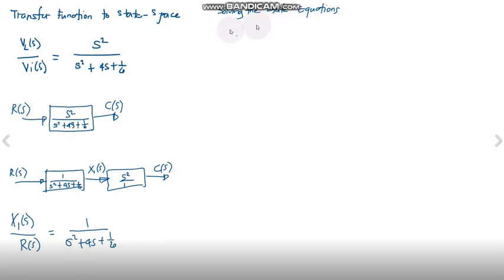Okay, so solving the equations, we're going to cross multiply this equation, so R(s) times 1, and then this polynomial multiplied by X1(s). Okay, so here they are.